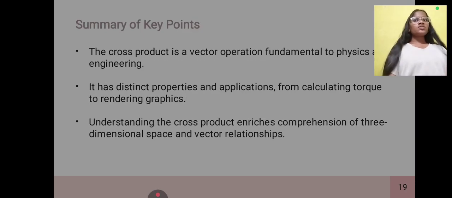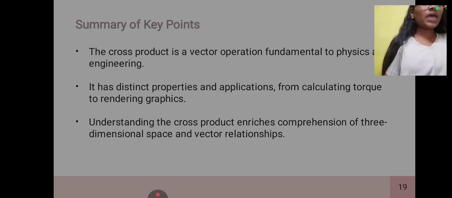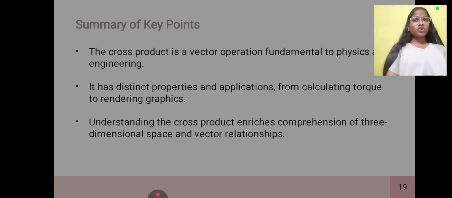Now let's dig into the summary of key points. The cross product is a vector operation fundamental to physics and engineering. In math, it has distinct properties and applications, from calculating torque to rendering graphics, and it is even implemented in software applications, as we just read about.